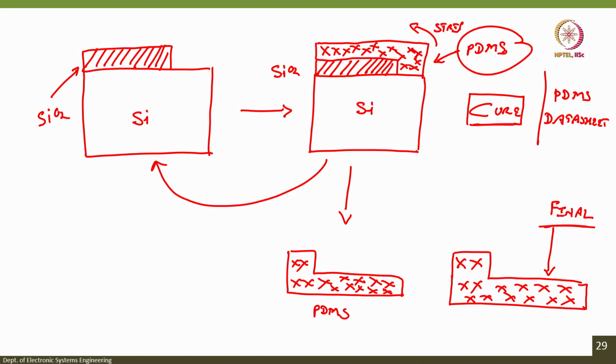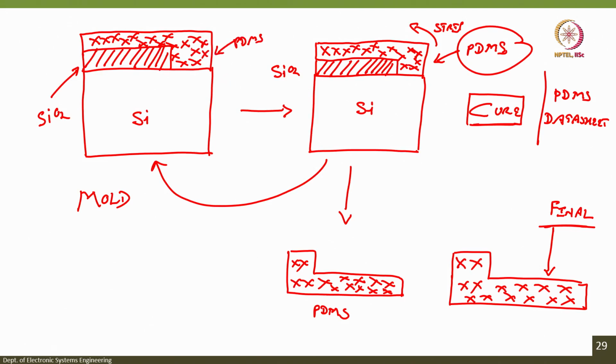So, if I have my mold back, can I pour PDMS again? I can again pour PDMS, is not it? So, I am again pouring PDMS, and I am curing it after pouring.